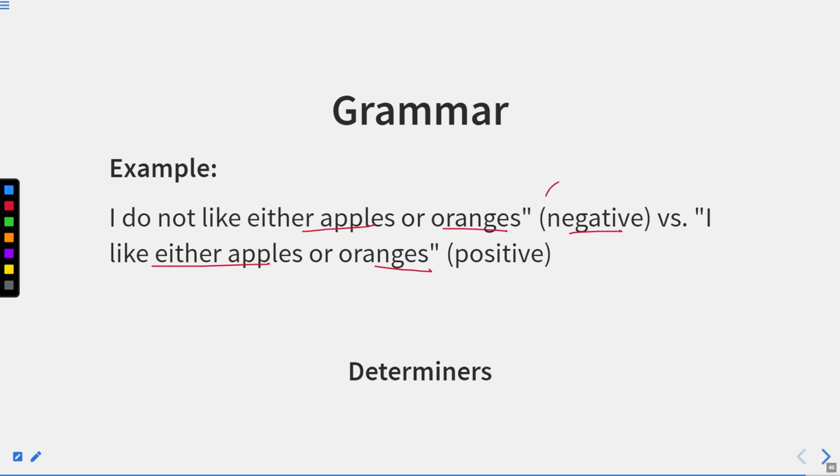So the sentence should not be correct. Instead, we can use neither nor. This will definitely change the structure by just using not. So either or generally is used in positive sense only. We should avoid using it in negative sense.